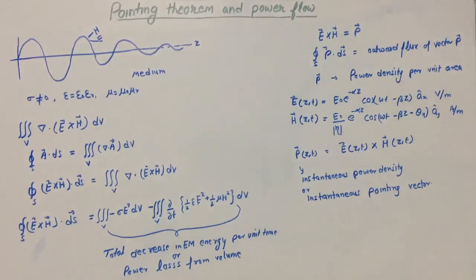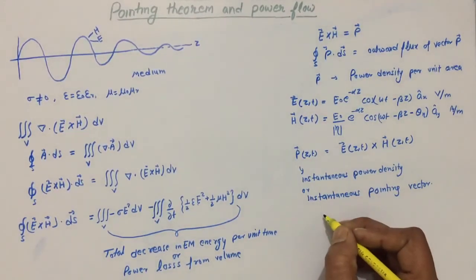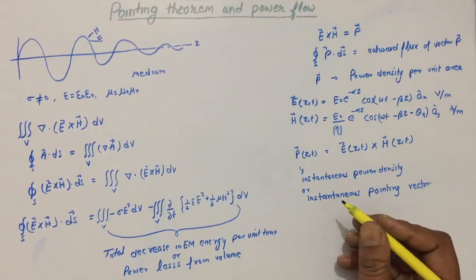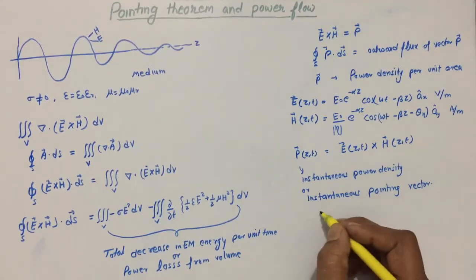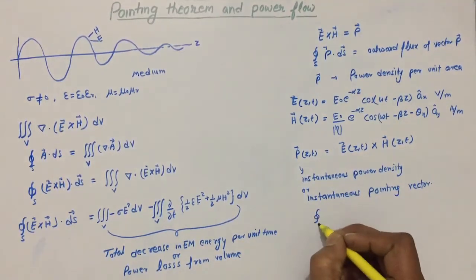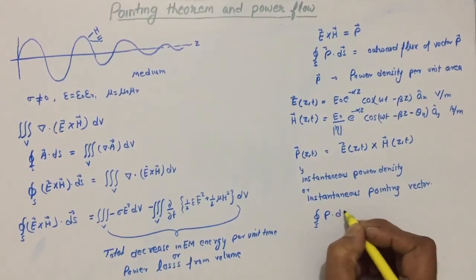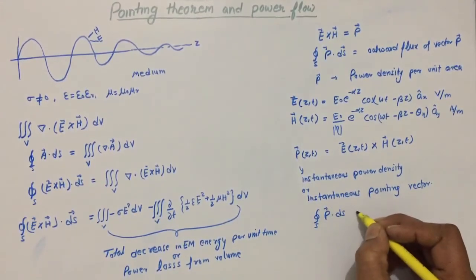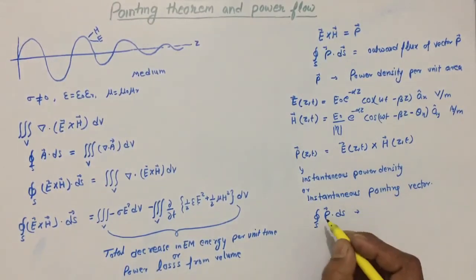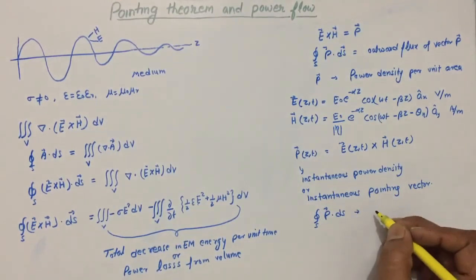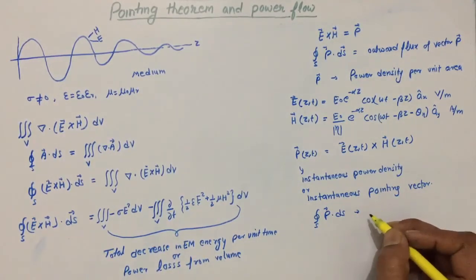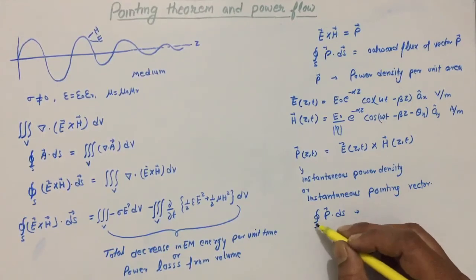Okay, so if we have a closed surface like that, then it is the instantaneous power through the closed surface.